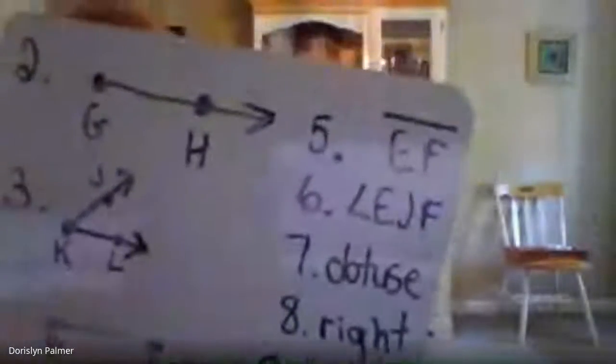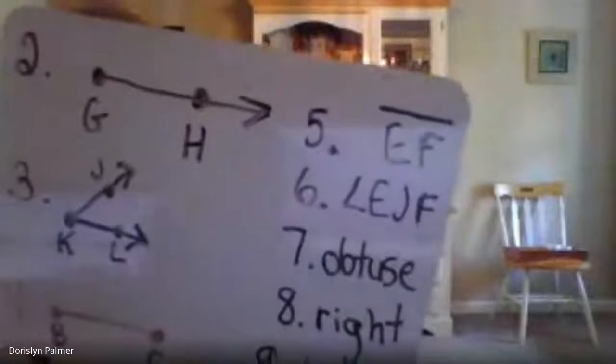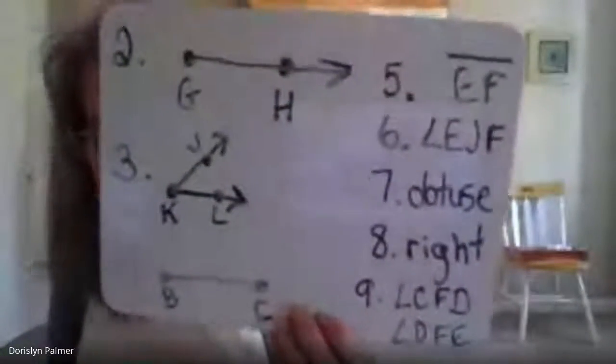Angle BFD. BFD looks a little obtuse. Okay, then just go with the first one then. All right. So we have CFD and how about we'll do the other part of that one. Angle DFE. How about those? Right. Oh, I did AFB and BFC. Those work.